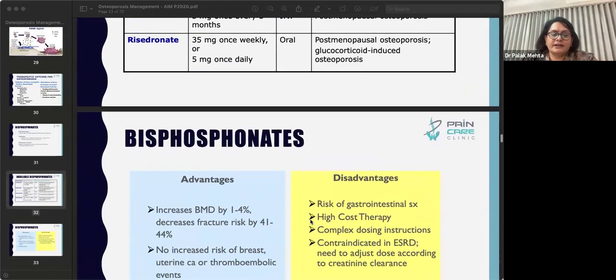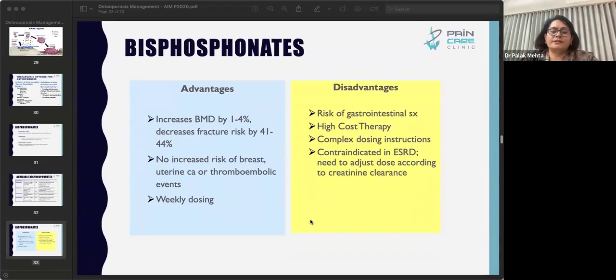The advantage is that there is no significant rise in the bone mineral density, but they decrease fracture risk by 4 to 44%. There is no increased risk of breast or uterine cancer or thromboembolic events, and weekly or monthly dosing is available. The disadvantages are risk of gastrointestinal side effects, high cost of therapy, and complex dosing instructions.